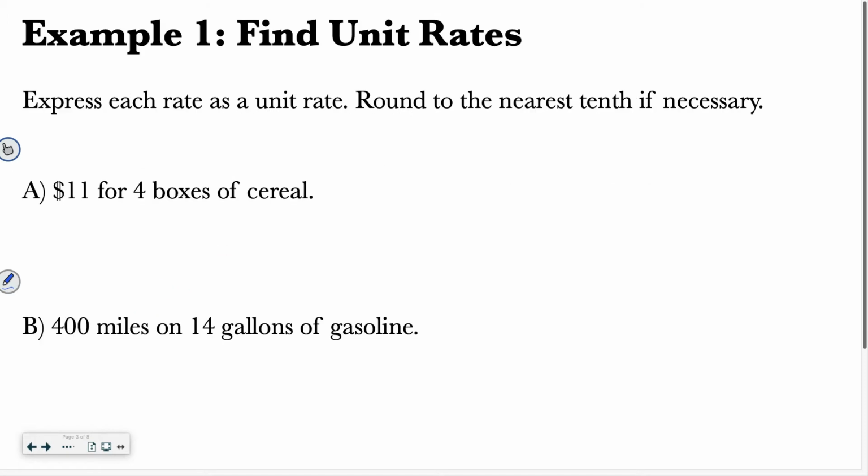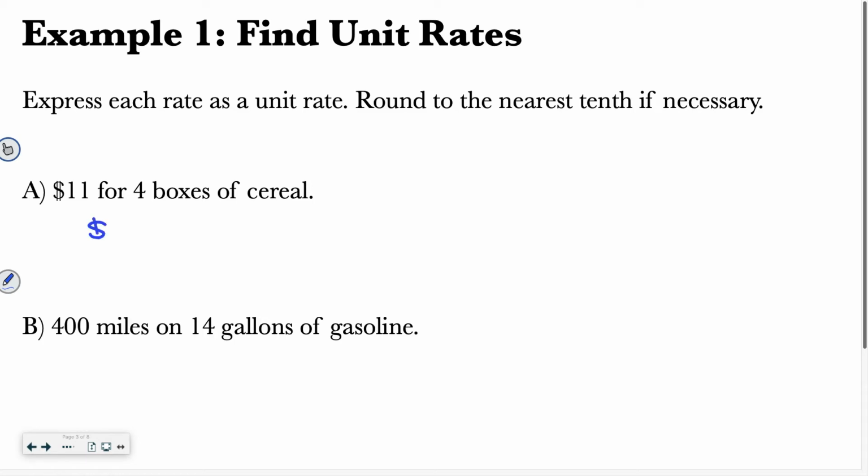So let's practice finding unit rates. Express each rate as a unit rate and round to the nearest tenth if necessary. So letter A, we have it costs $11 for 4 boxes of cereal. So we want to figure out if it's $11 for 4 boxes, how much is it for 1 box?